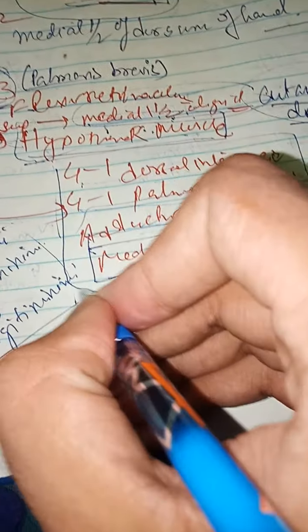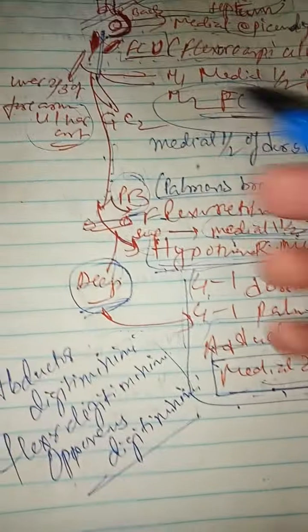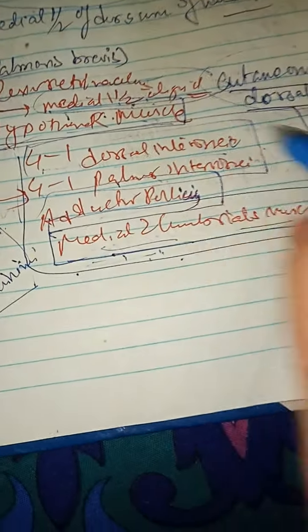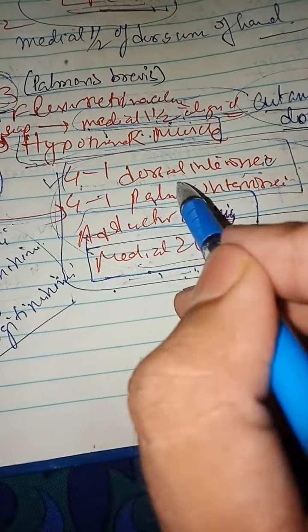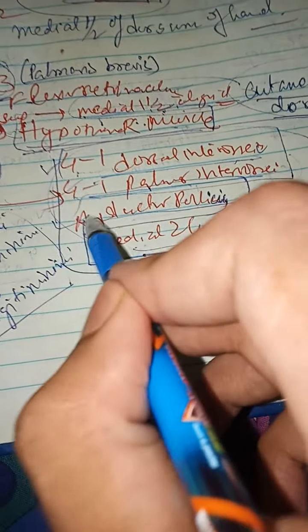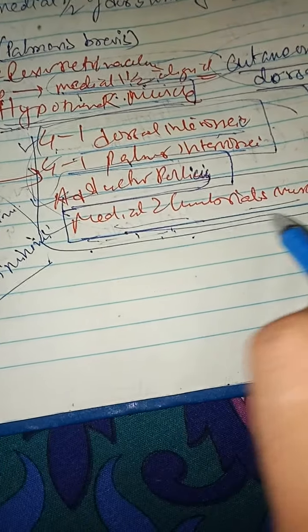These are deep muscles, right? That is why the deep part of the ulnar nerve in the palm will supply these muscles: the four dorsal interossei, the palmar interossei, adductor pollicis, and the medial two lumbricals.